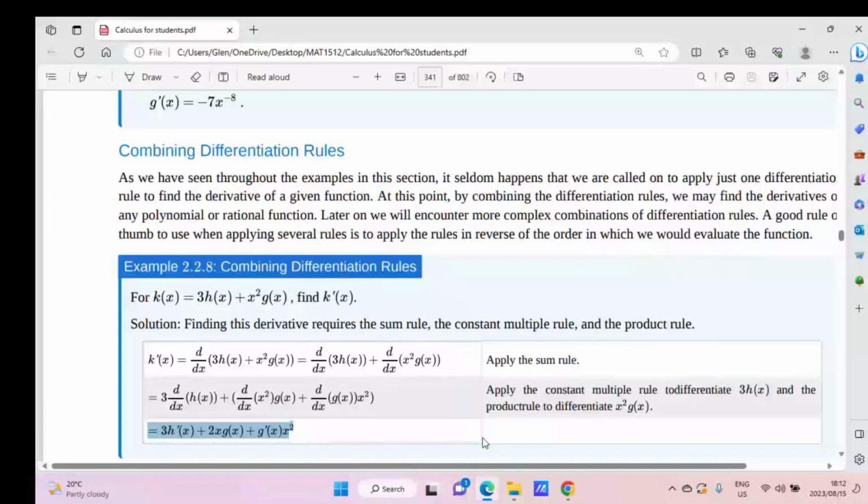Then we move on to the next term, x squared g of x. Then it is plus. We take the derivative of x squared, which is 2x. We multiply by g of x, plus x squared will remain to be x squared. Then we take the derivative of g of x. That's it.